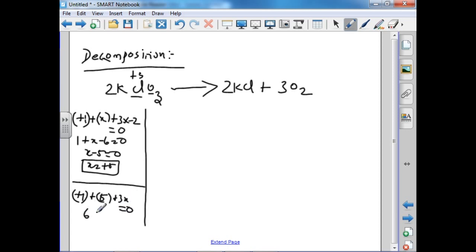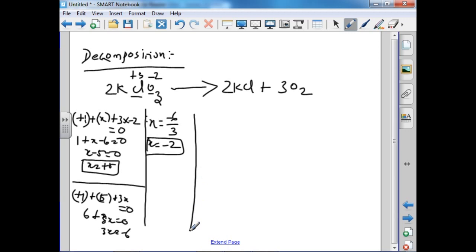So 6 plus 3x equal to 0. 3x equal to minus 6, x equal to minus 6 divided by 3, x equal to minus 2. The oxidation number of oxygen in chlorate is minus 2.